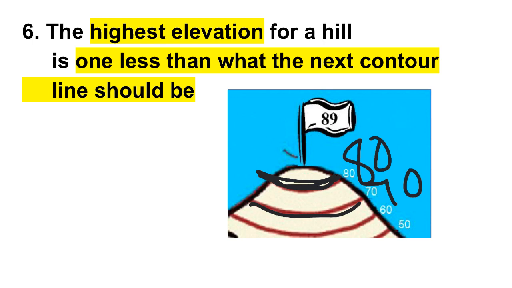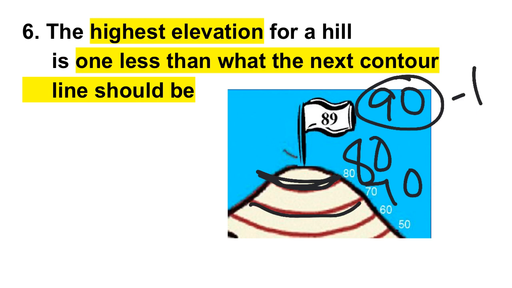So the next contour line should be 90. But is there another contour line there? No. So the next contour line should be 90. So therefore the highest elevation is 1 less than whatever that should be. Since 90 is the contour line that should be next, it's 90 minus 1, which gives you 89.